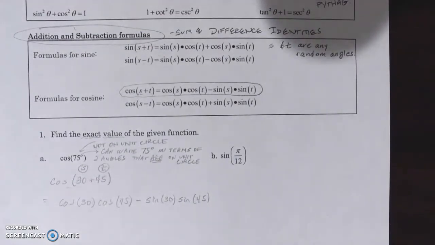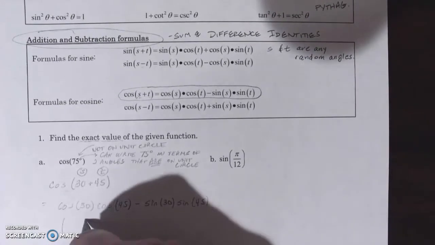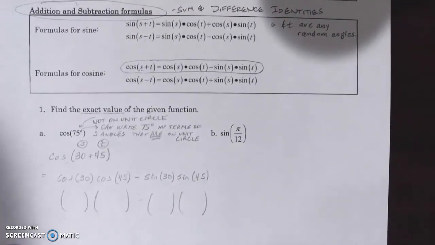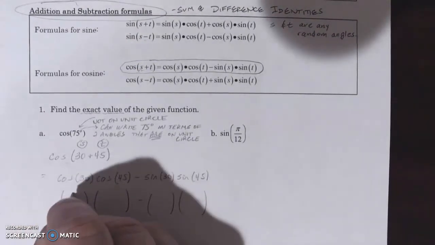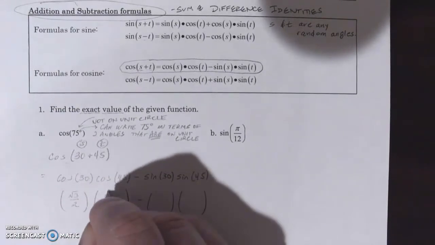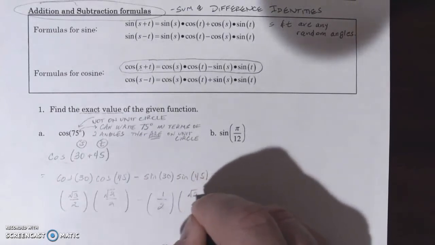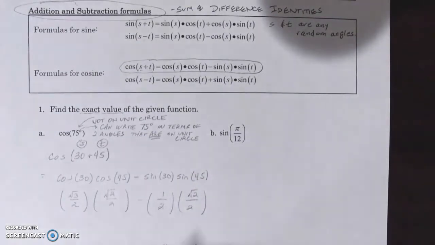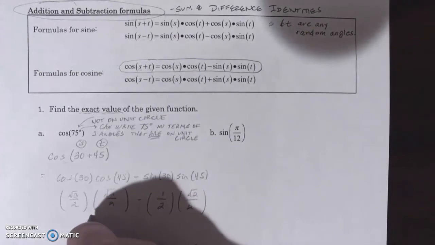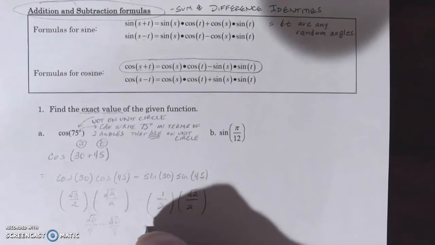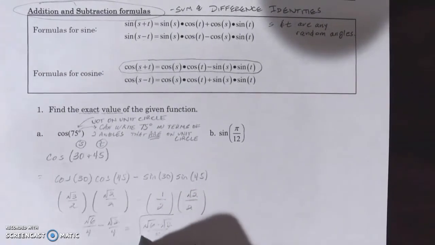I know the exact values of sine of 30, sine of 45, cosine of 30, cosine of 45. I know they're going to be fractions. I'm going to set up a little spot to work here. Cosine of 30, root 3 over 2. Cosine of 45, root 2 over 2. Sine of 30, 1/2. Sine of 45, root 2 over 2. Let's multiply and combine. Root 6 over 4 minus root 2 over 4. Our final answer, root 6 minus root 2 over 4.